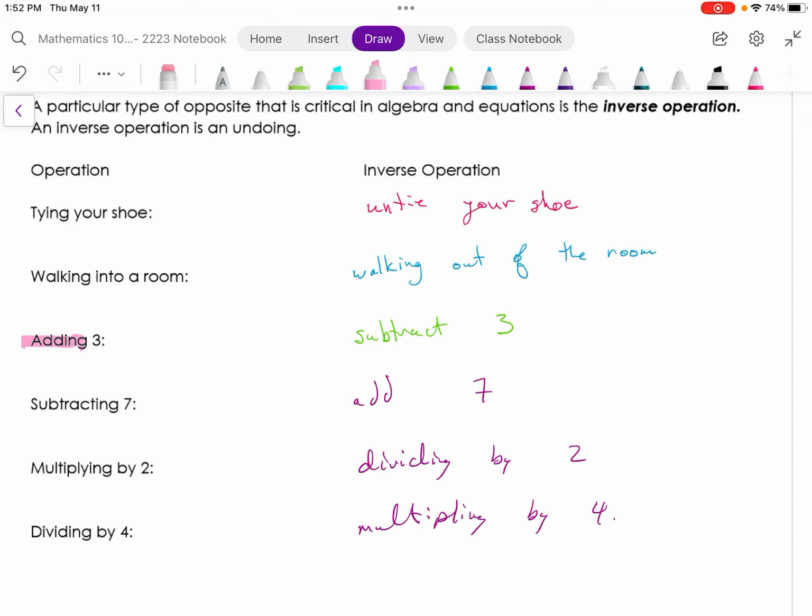If the operation was adding, the inverse was subtract. If your operation was subtracting, we add. If the operation was multiplying, we're dividing. And if our operation was to divide, the inverse is multiply. These are inverses.